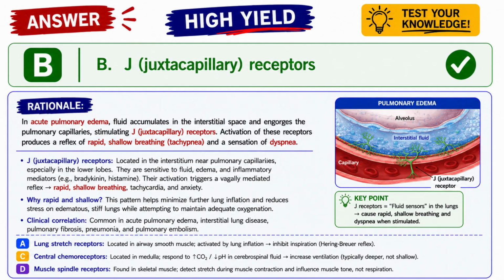J receptors are also activated by pulmonary emboli, pneumonia, exposure to certain chemicals, and by the volatile anesthetic agents, which is one mechanism contributing to respiratory irritation during inhalational induction. J receptors, juxtacapillary, alveolar wall, pulmonary edema, rapid, shallow breathing.